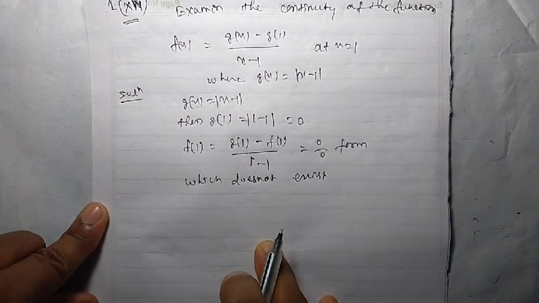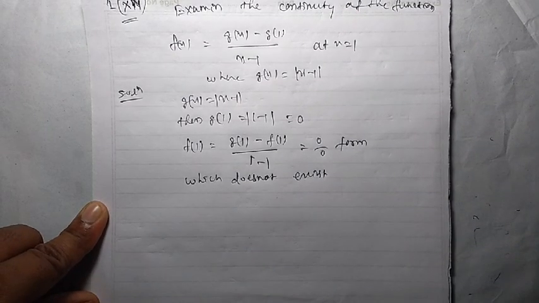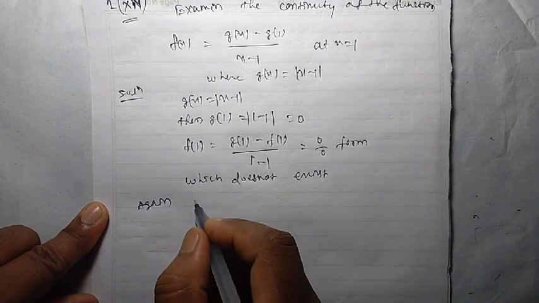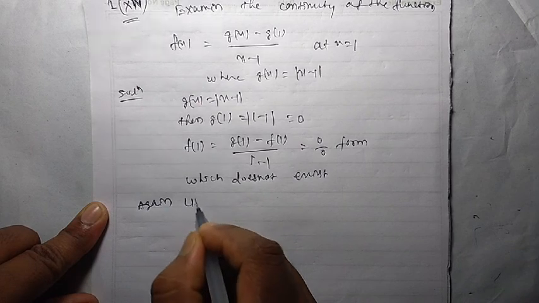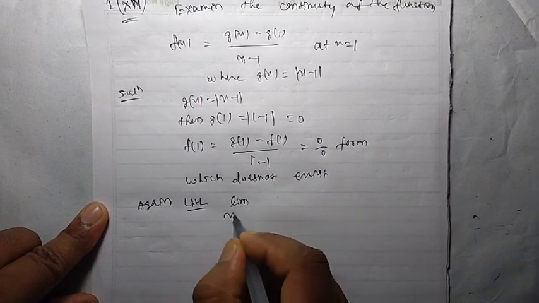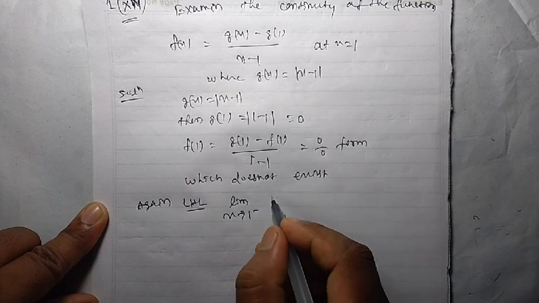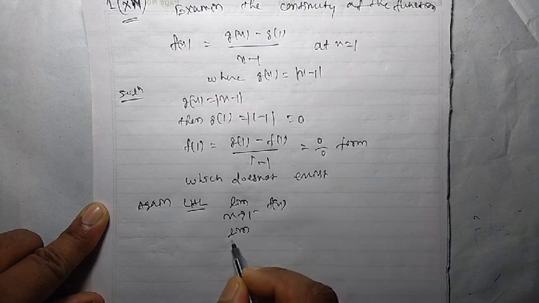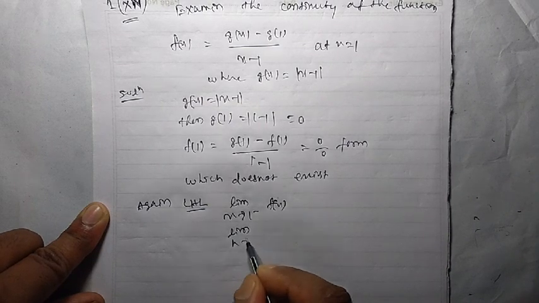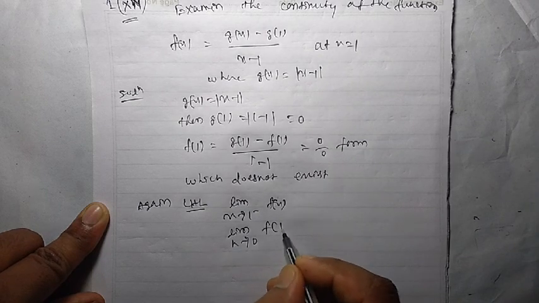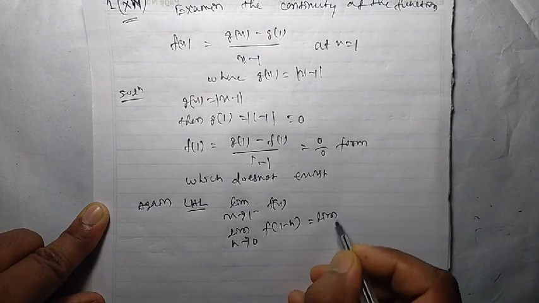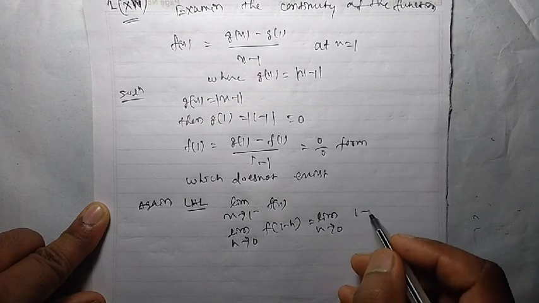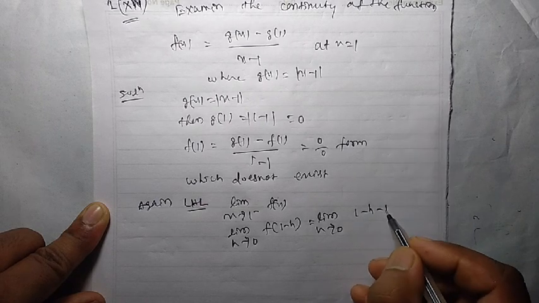Again you have to find LHL. LHL is equal to how much? Limit x tends to 1 minus f of x, that is limit h tends to 0 f of 1 minus h, which is the limit of g of 1 minus h minus g of 1 by 1 minus h minus 1.